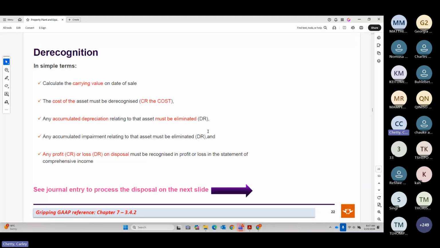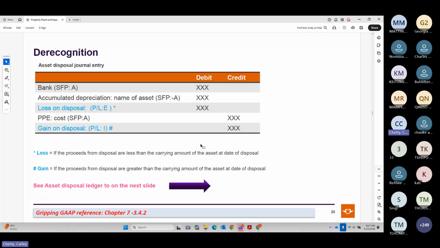Let's have a look at some of the journal entries relating to the derecognition. So this would be an asset disposal journal entry. So you can see we are recording the proceeds, we are debiting bank. Obviously, they paid us cash for this asset we are disposing of. So we're debiting bank and we are debiting accumulated depreciation.